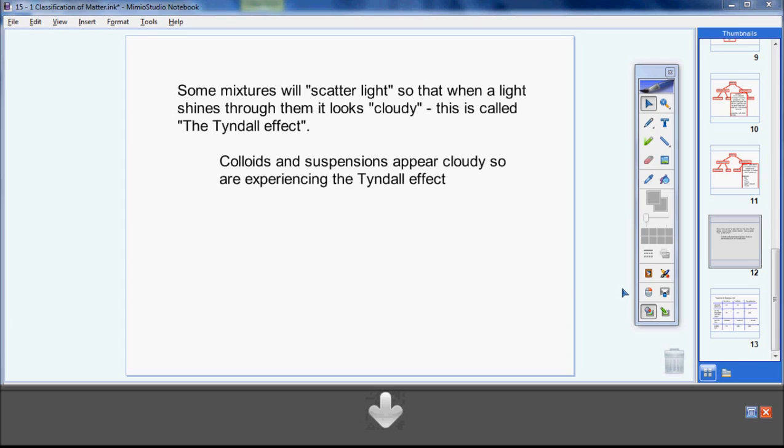Colloids, if you shine a light through any of those things that we mentioned, paint would be hard because it's got all that pigment in it. It's opaque, so it doesn't really have the Tyndall Effect, but the clouds and the smoke and the fog and even Jello to some extent has a cloudy effect. So it's that Tyndall Effect that's making that happen.